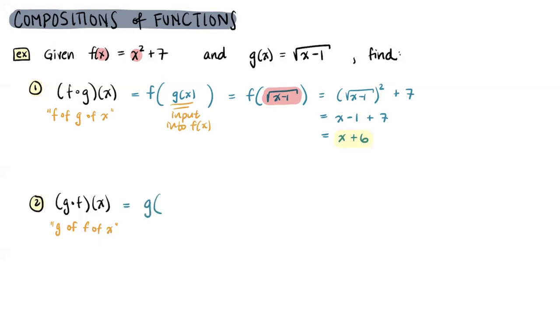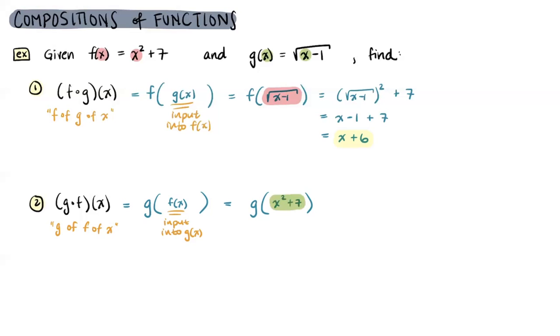G of, and then f of x. So f of x is going to be the input into g of x now. I'm just going to write in what the formula for f of x is, x squared plus 7. And this is what we're going to be putting in as our input into g of x.